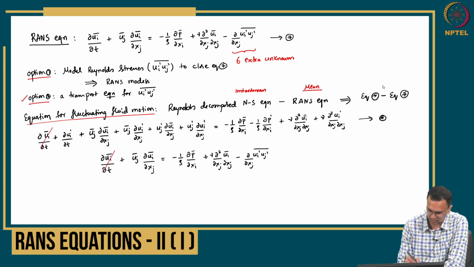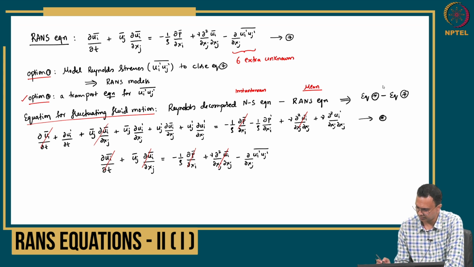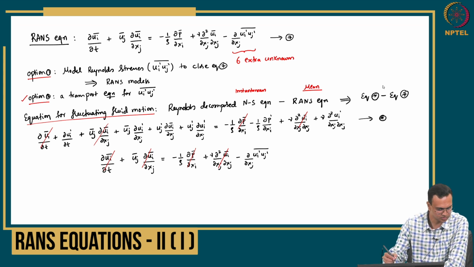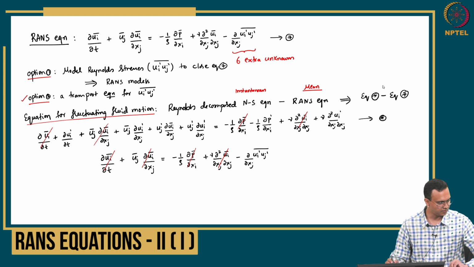So we already see certain terms cancel out, straightforward, this minus of this, and then we have the mean pressure term going away and the mean viscous stress term goes away. Okay, right? Now we'll write out the rest of the terms that are available here.